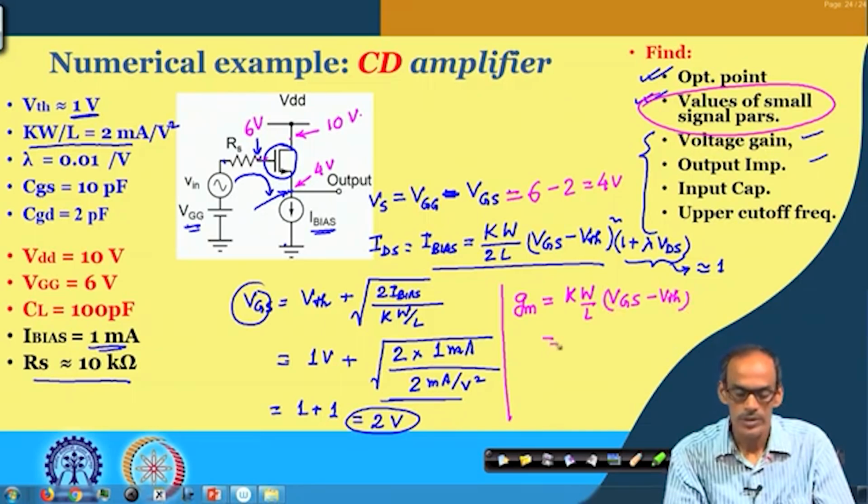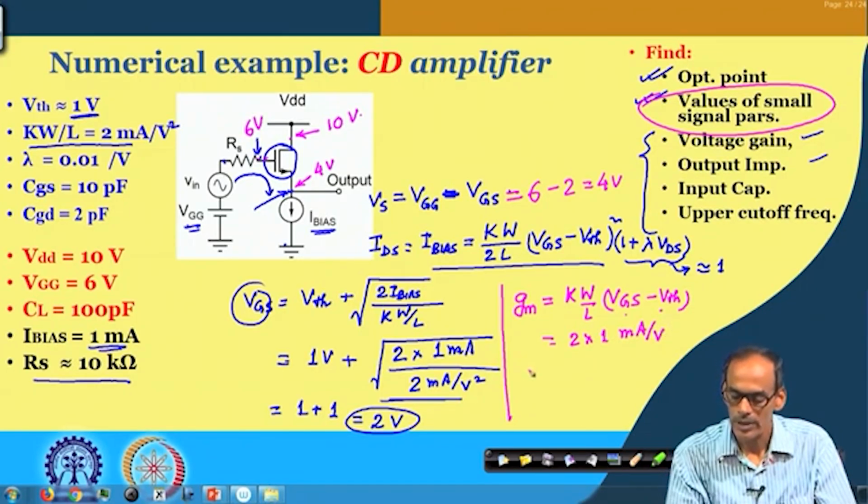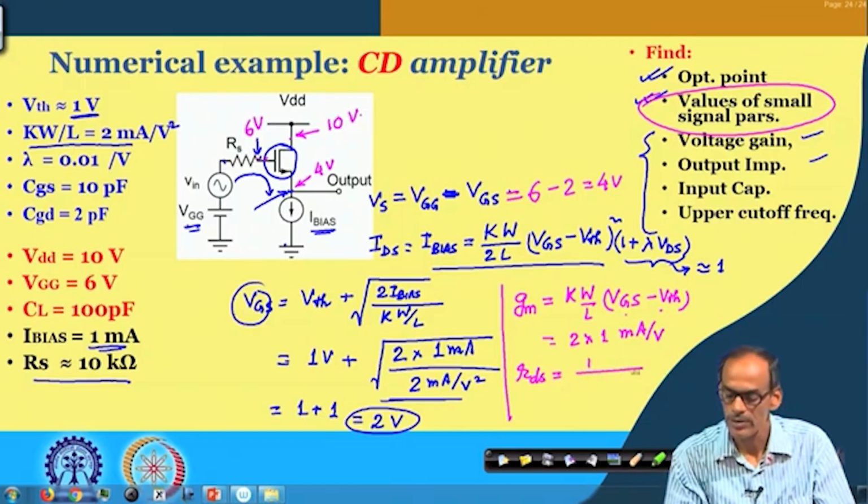So, what we have is 2 milliampere per volt square, and this is 1 volt. So, 2 into 1, 2 milliampere per volt. On the other hand, the RDS, which is 1 divided by lambda into IDS.